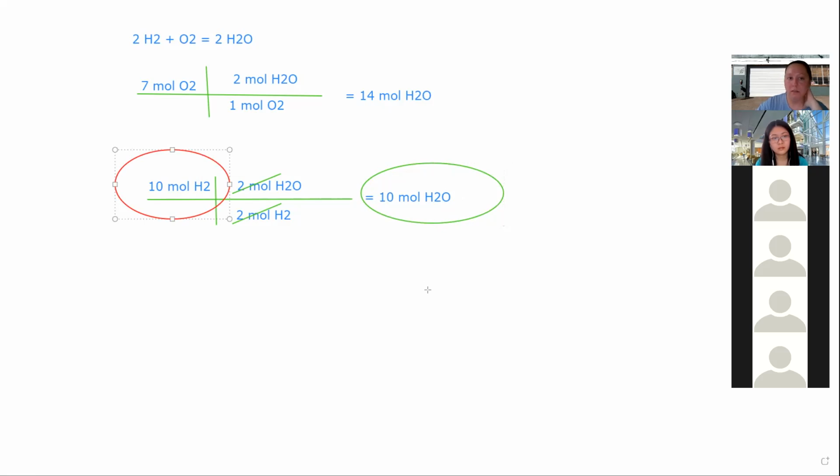So now let's figure out how much of the excess reagent we have. Our excess reagent is the O2, okay? In order to do that, we can figure out how much O2 is left over by figuring out how much O2 has been used up.